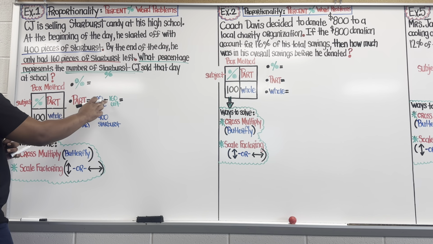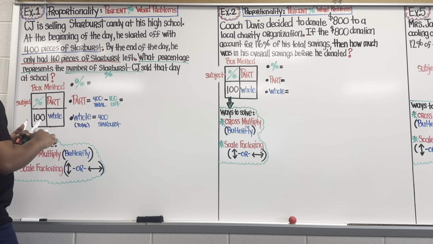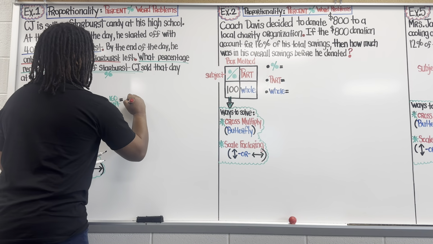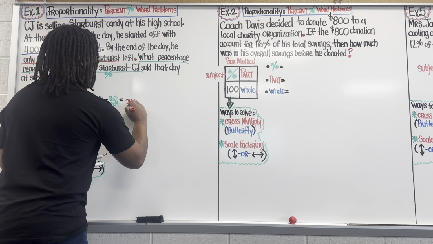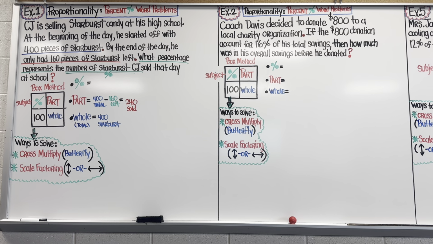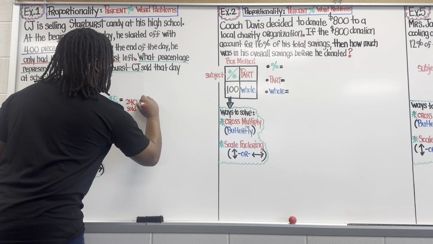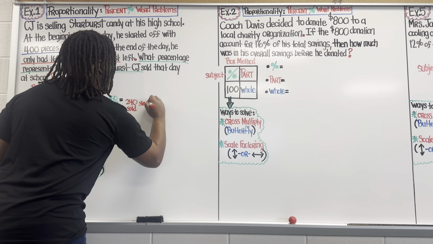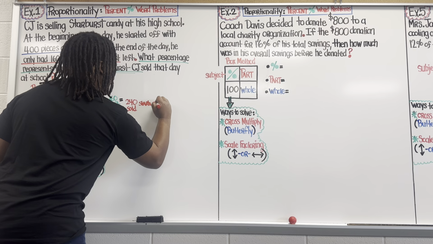So 400 minus 160 is 240. So he sold 240 Starbursts, right?